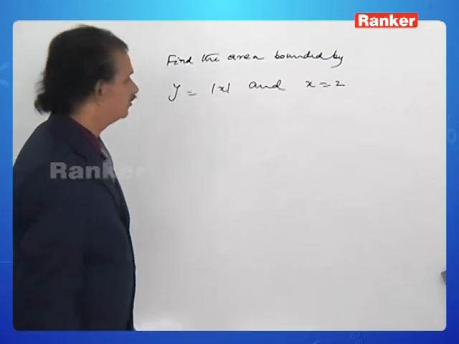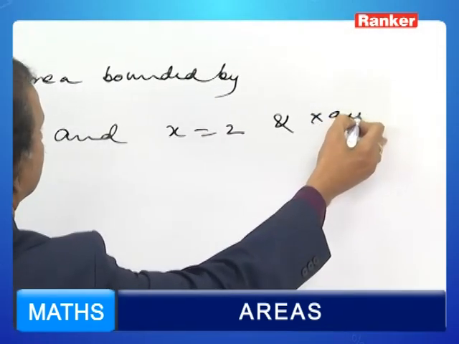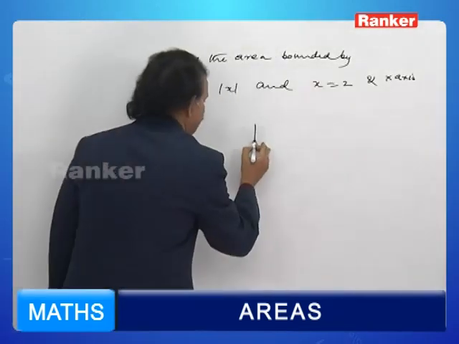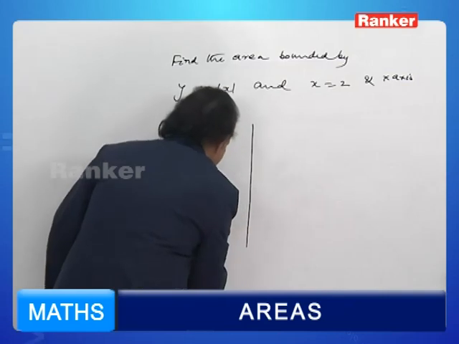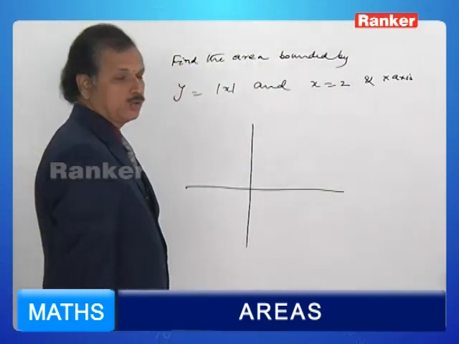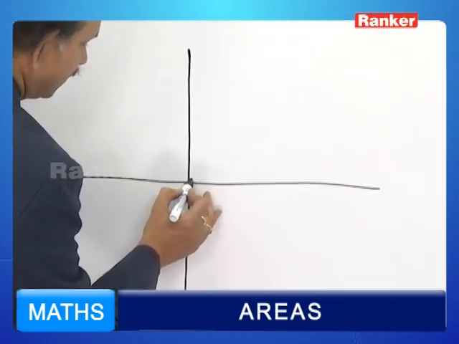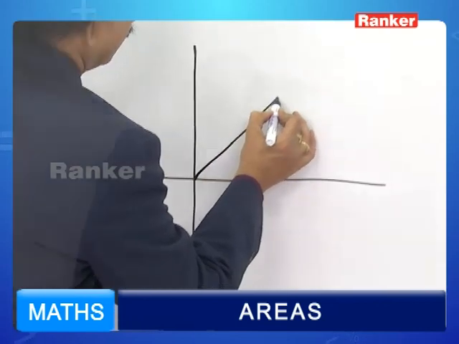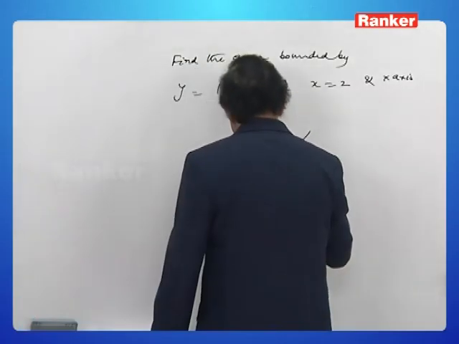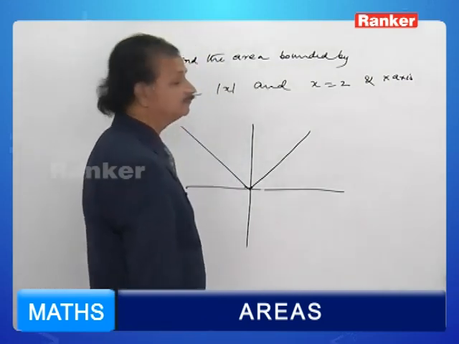And the x-axis. We must be able to draw the graph of y is equal to mod x. I think you know, if x is positive, the line is y is equal to x. If x is negative, y is equal to minus x.